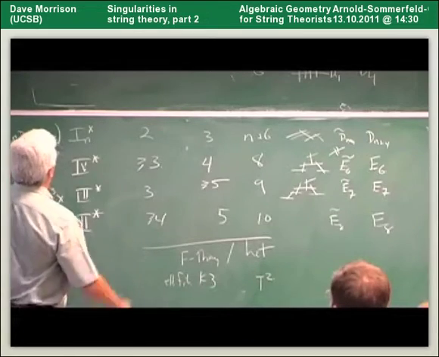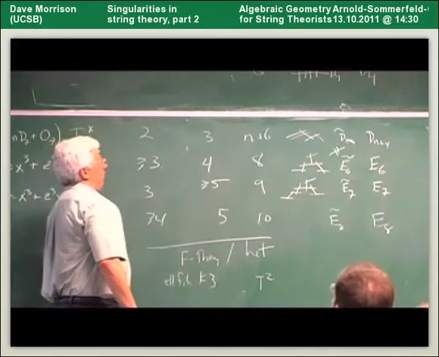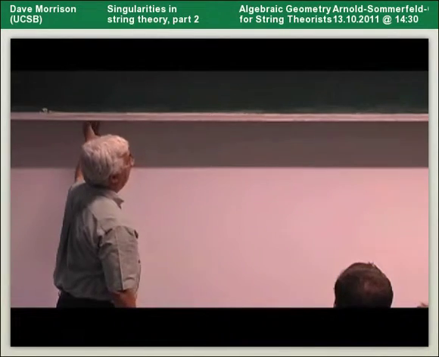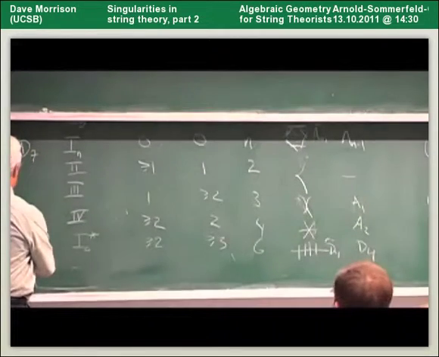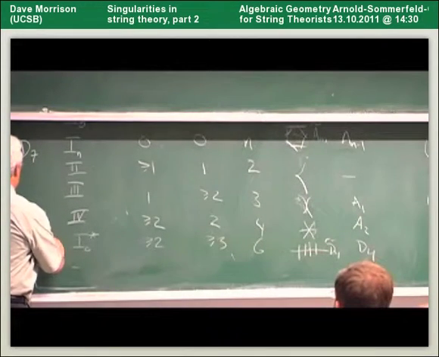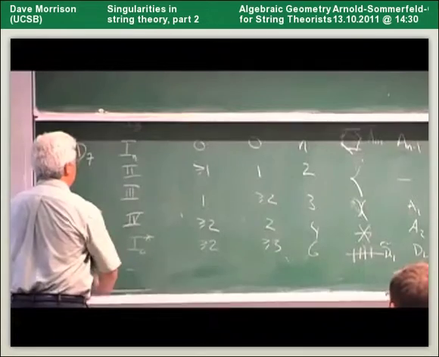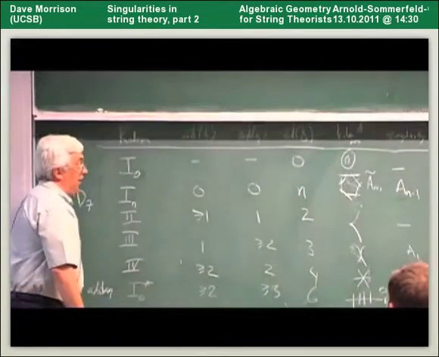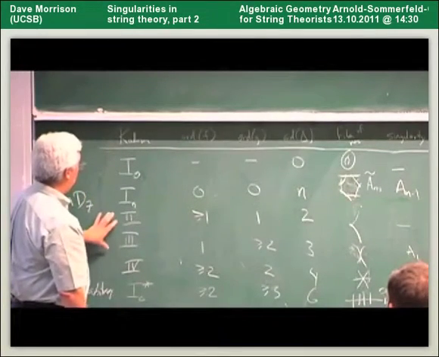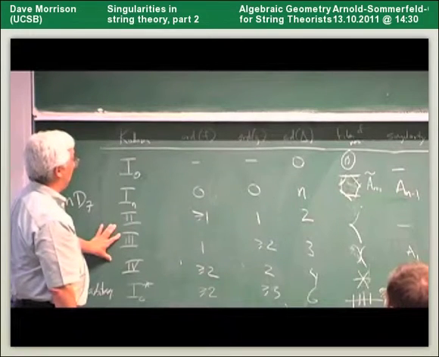And well, the I0 star case is interesting because there's no actual restriction on the value of tau in this case. So here, tau is arbitrary. But in the other cases, tau, or more precisely j, the invariant quantity, is completely fixed by the type of singularity.